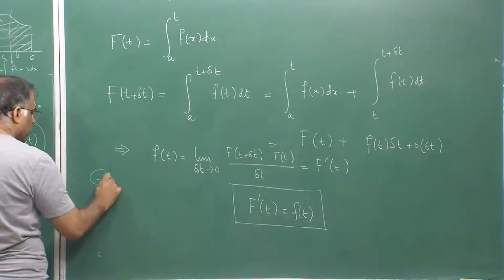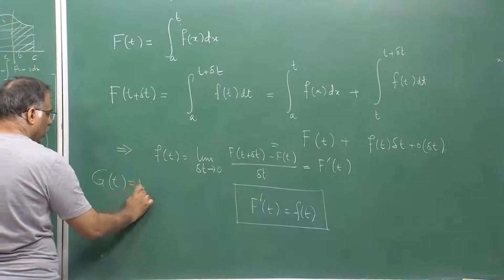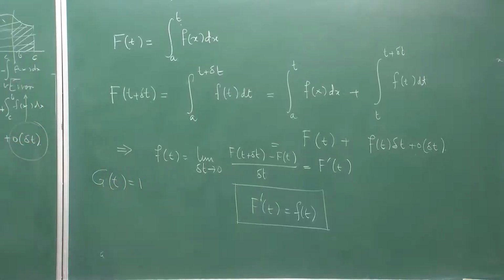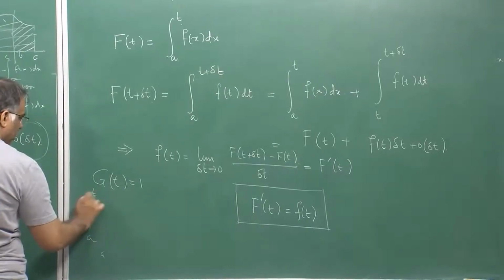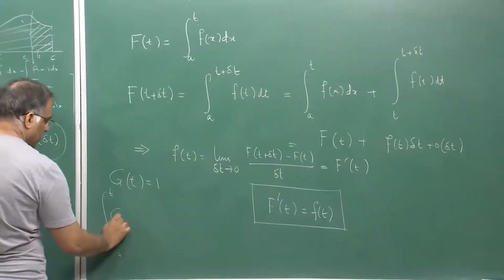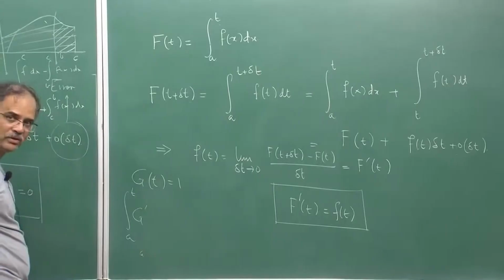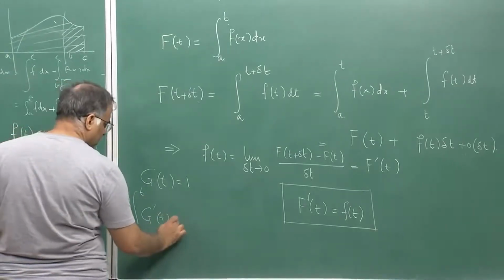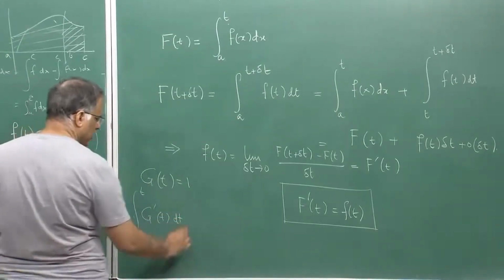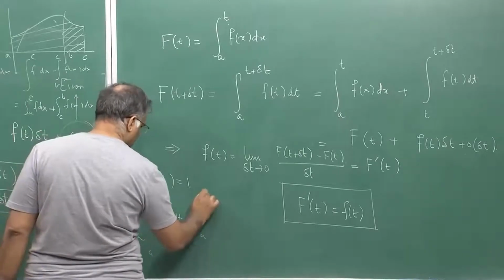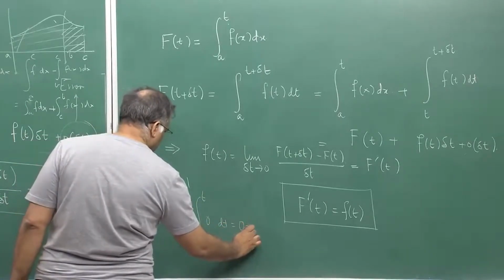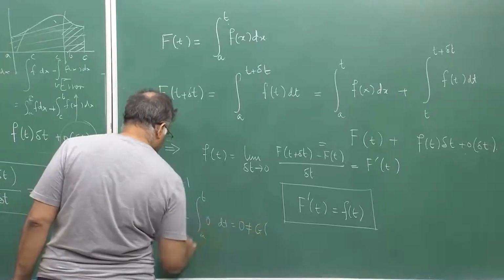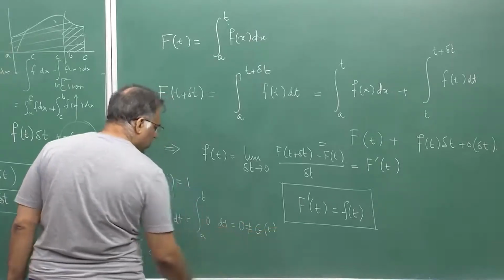So for example, I consider the function gt equal to 1. Let me take the integral from a to t of g dash t dt, where g is a differentiable, continuous function. That is the integral from a to t of 0 dt, which is 0, and it is not equal to gt.